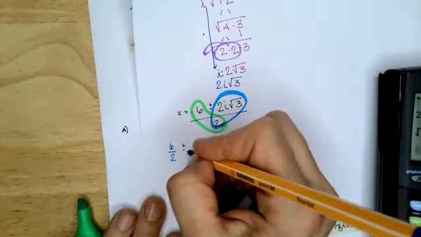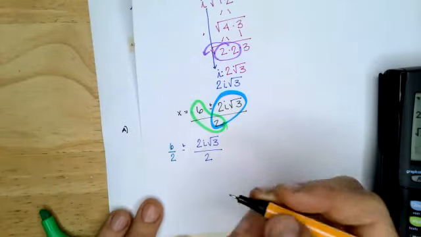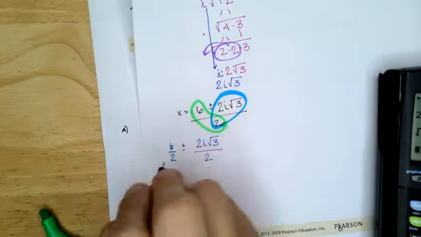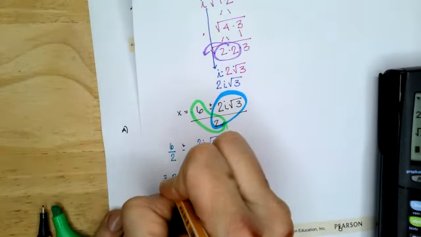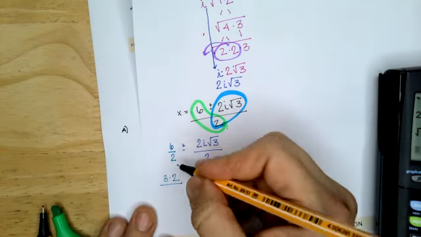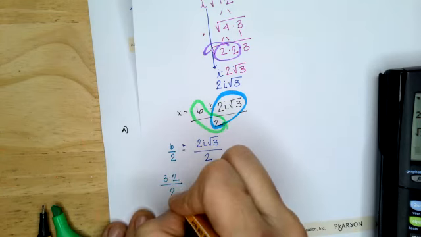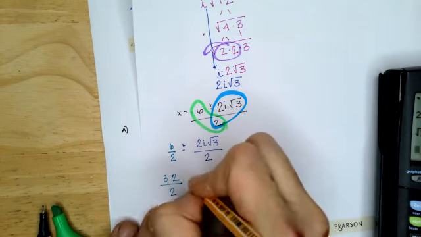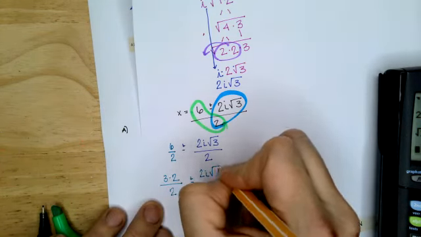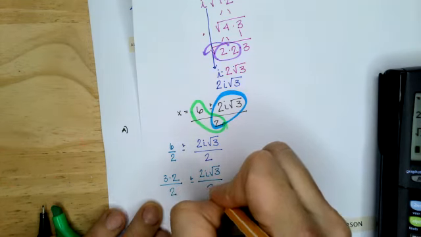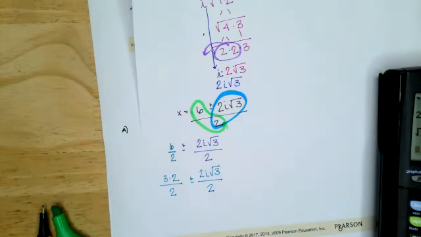6 halves plus or minus 2i square root of 3 over 2. 6, let's factor, becomes 3 times 2. Oh, this is the same one, right? And then 2 just remains 2. What do you see on the top and the bottom that both can cancel?